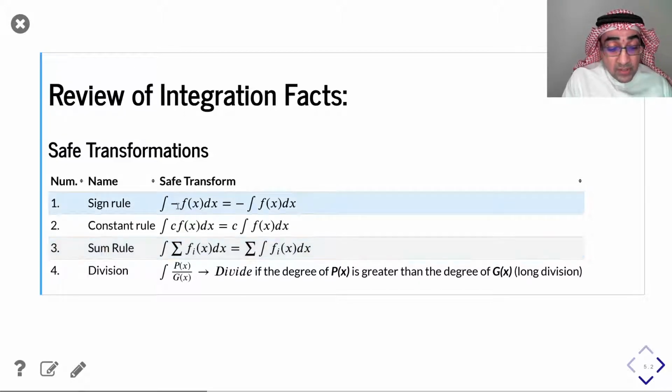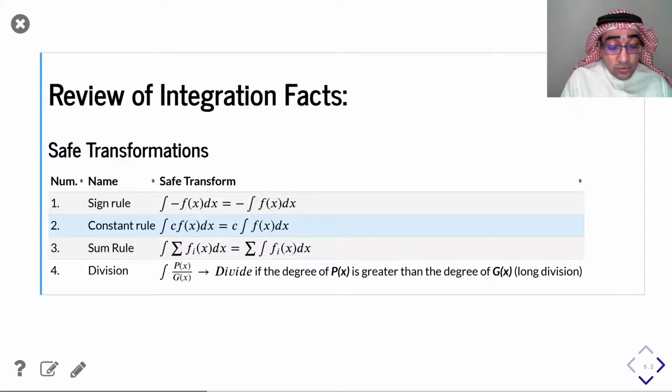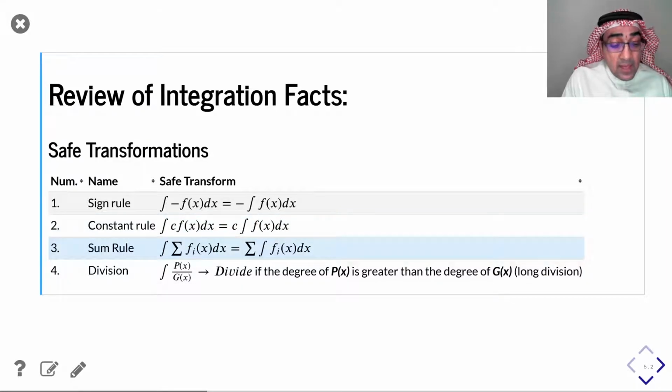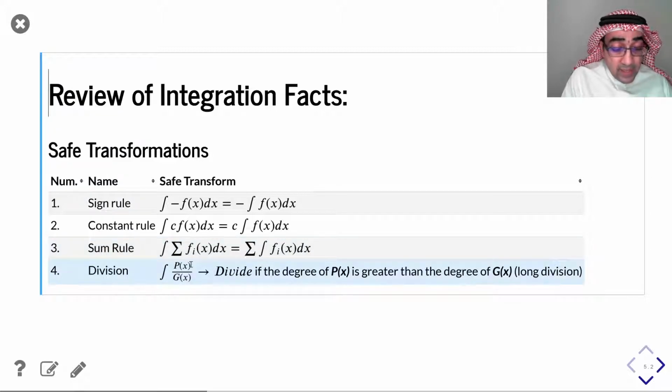If I have an integration that has a minus sign, I can use rule 1. If I have a constant, I can use rule 2. If I have the integration of sums, I can turn it into the sum of integrations using the sum rule. And if I have p(x) greater than g(x), I can use the division rule, and that will simplify my problem. So these are called the safe transforms.